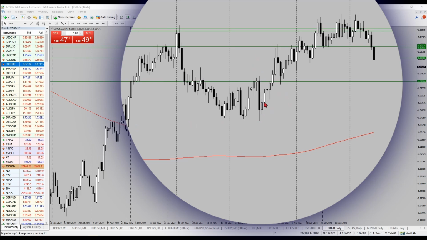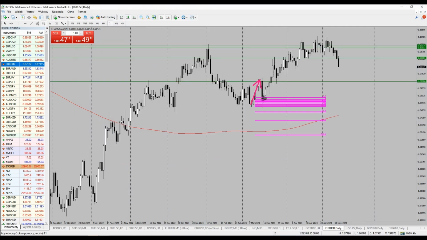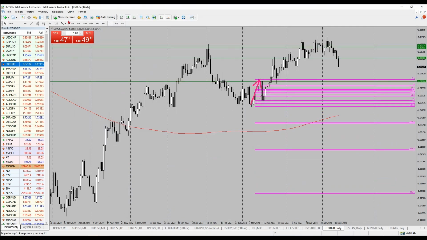So my next possible target is 50% of that whole rally before we've seen the lower low. So in that case, we are going to use fib. All right, and we are going to try to put 50%. There you go. Okay, so let's clean the chart and let's have a look at what we have here.